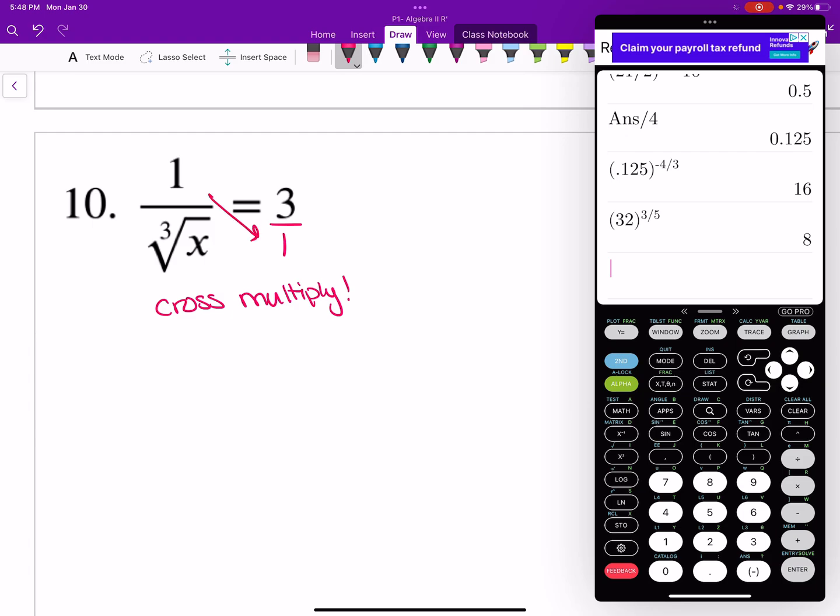So 1 times 1 is 1. 3 times the cubed root of x is just 3 cubed root x. That 3 is multiplying, so we're going to divide it over. So we really have 1/3 equals the cubed root of x.